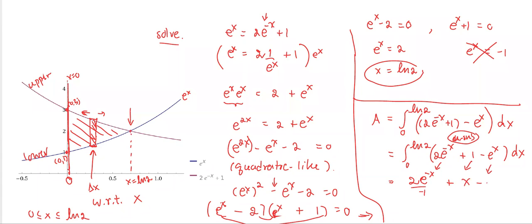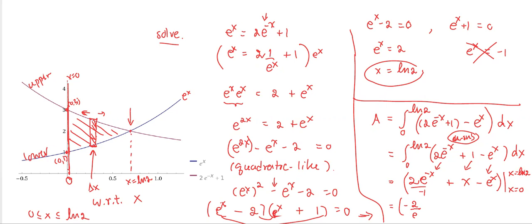The antiderivative of negative e^x is negative e^x. Then we replace with the lower and upper limits: lower limit 0, upper limit natural log 2. The first quantity, if you rearrange, will be negative 2 divided by e^x, because a negative exponent is the reciprocal of the positive exponent.